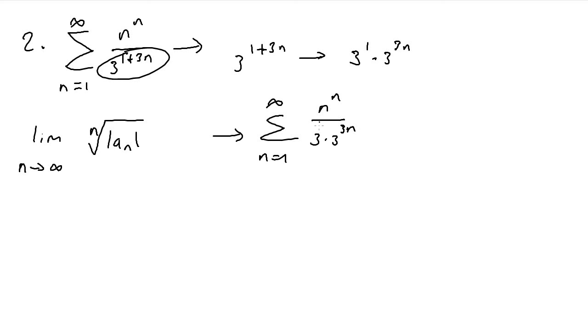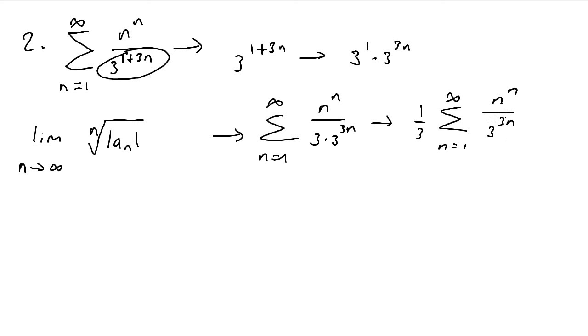Now, since 1/3 is a constant, just like with integrals, I can take that outside of the series. So I'll rewrite this as 1/3 times the series from 1 to infinity of n to the n over 3 to the 3n.